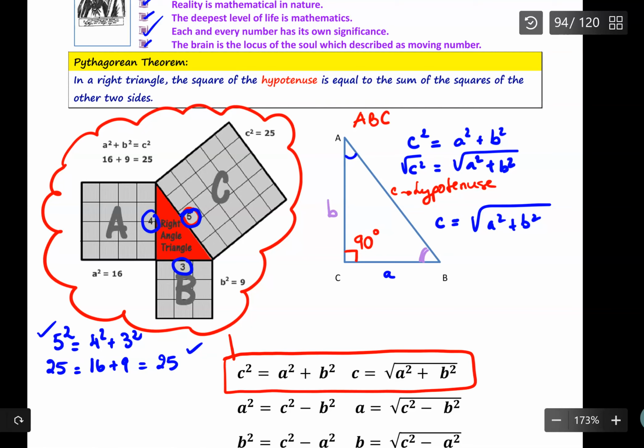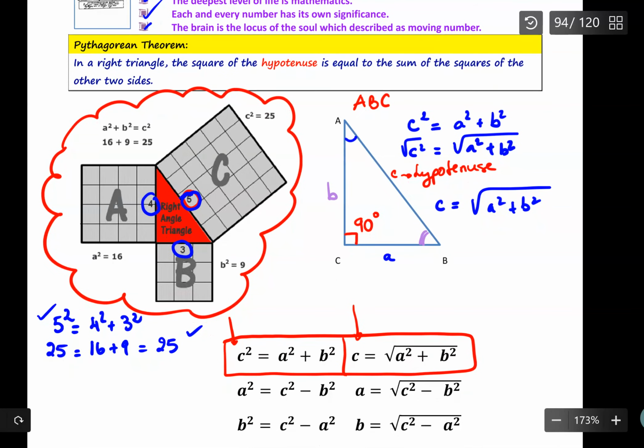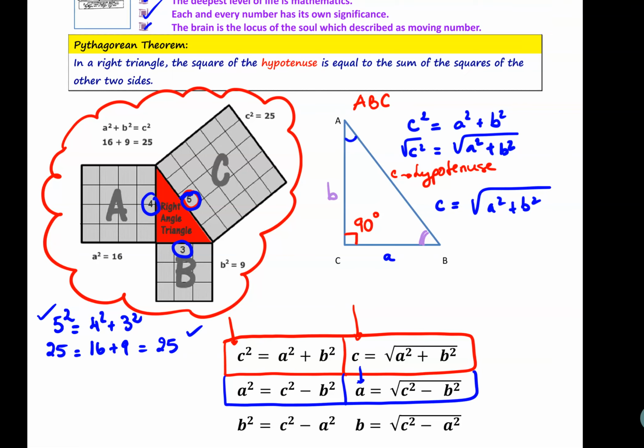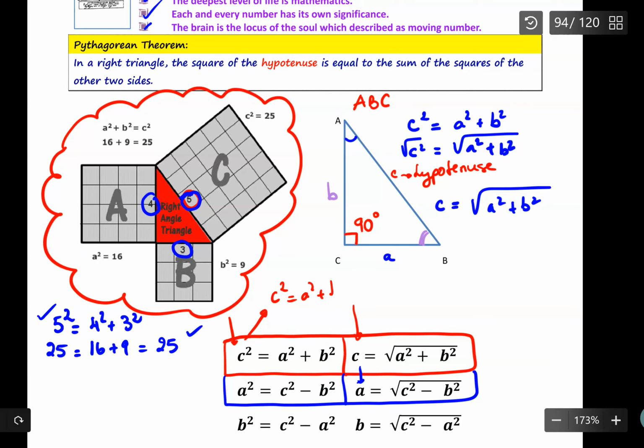In these formulas, you are solving for c. So what happens if you have to solve for a? To solve for a, this is the formula. Note that. According to this theorem, c squared equals a squared plus b squared.